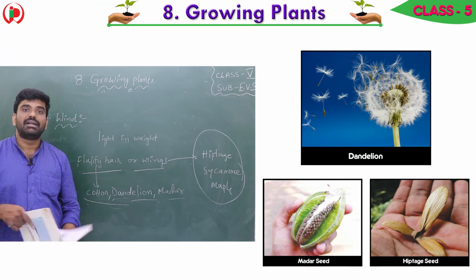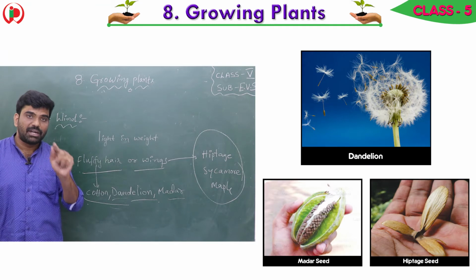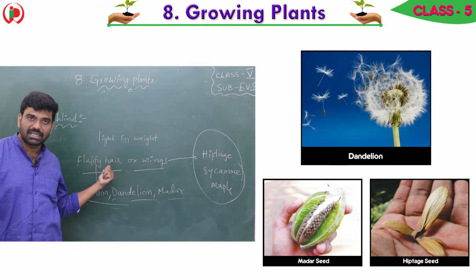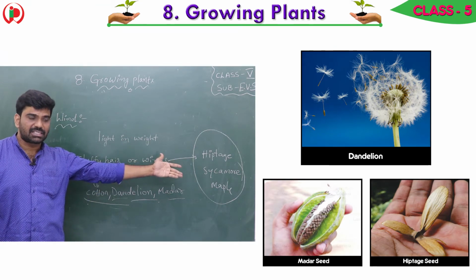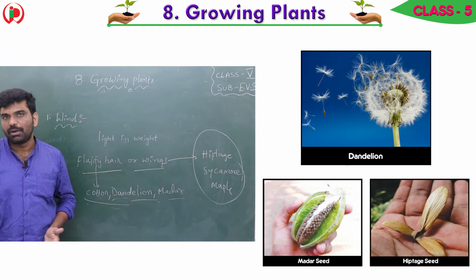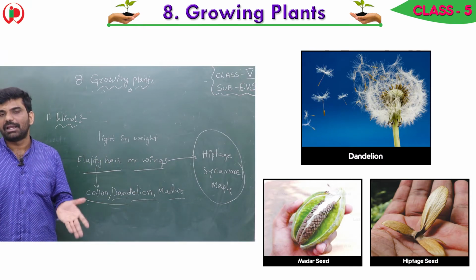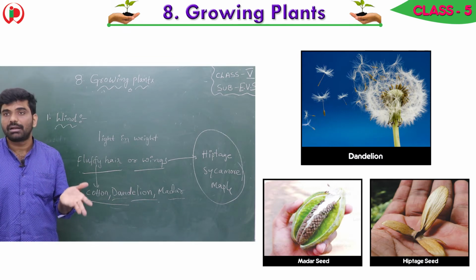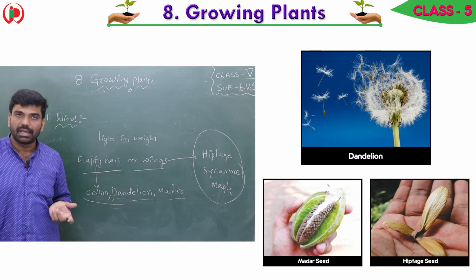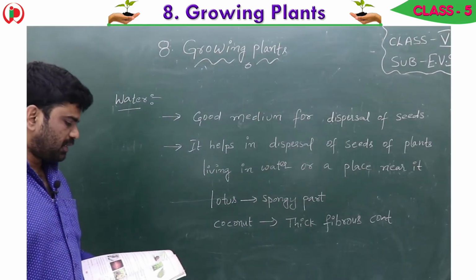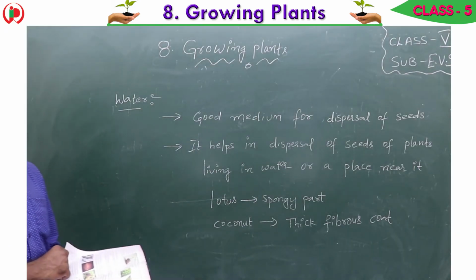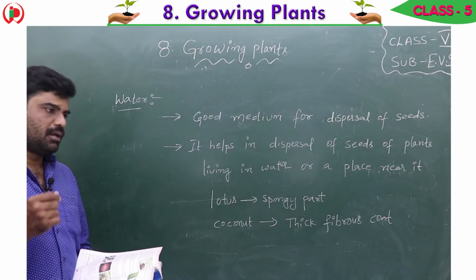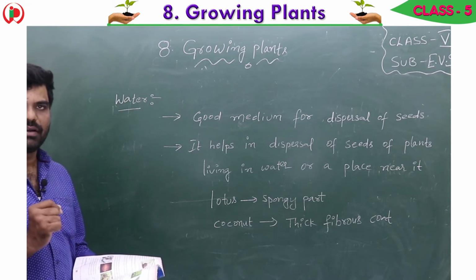When the wind moves, these fluffy hair-like structures or wing-like structures help the seed to move from one place to another place, which is called scattering or dispersal. Okay, children, so far we have seen the dispersal of seeds by wind or air.